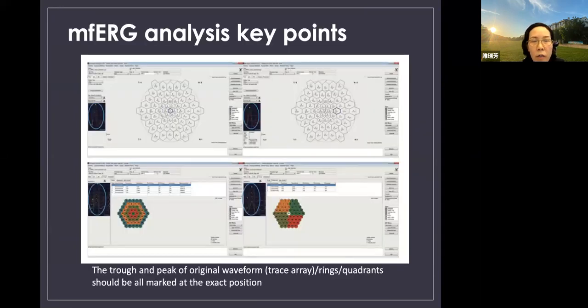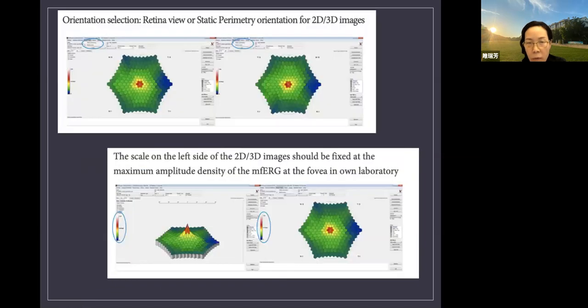For ERG analysis, we need to print out the traces for each point and see the waveform. We can also analyze by different regions or different quadrants. It depends on the disease location. And we can also have a density map.